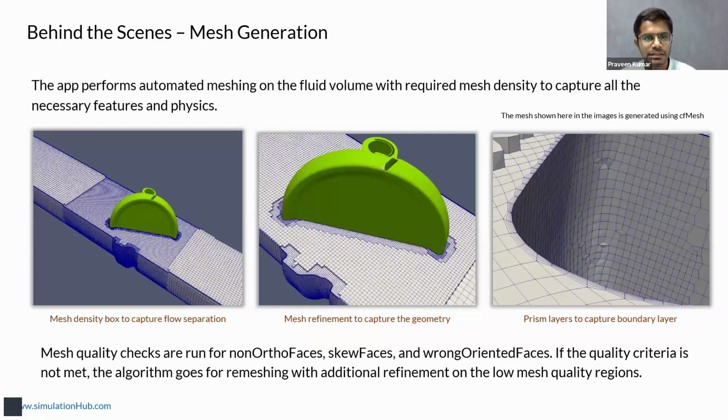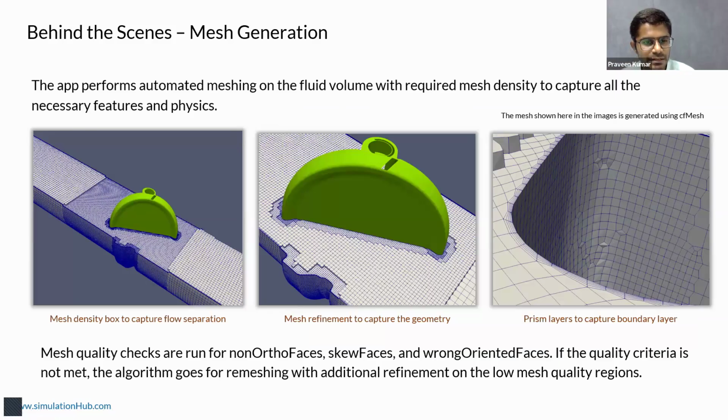And then the mesh generation happens very seamlessly. It targets both capturing the geometrical shapes as well as the flow gradients, where the flow is supposed to have some gradient, like the velocity and flow separation. Those kinds of things are captured.